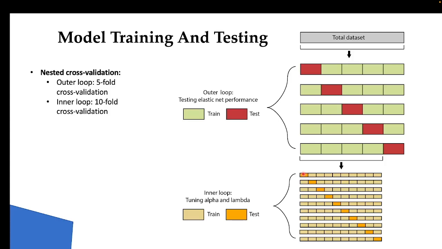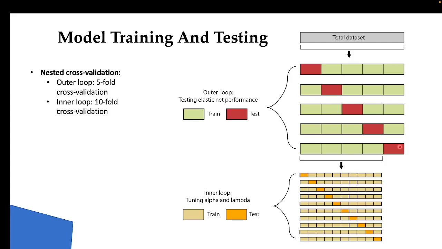Well, with nested cross-validation. We take our training folds and only do the cross-validation for the alpha and lambda on those training folds. We figure out which alpha and lambda we need to use, train our model, and see how well it performs on the data of the testing fold. That way, figuring out which alpha and lambda we need to use is separated from the testing data.